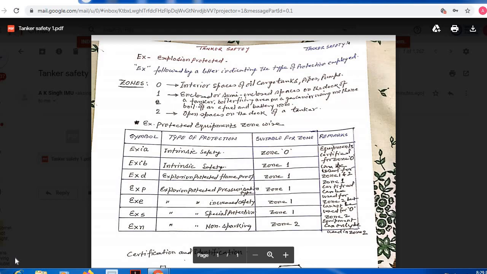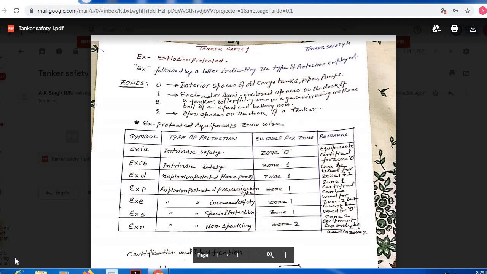Then we talked about what explosion is, and the various ways we can avoid the chance of explosion, by using various EX protected equipment so that no spark or heat energy is supplied to those areas which come under the hazardous zone, where there is a possibility of a combustible gas-air mixture being present. So that we had discussed.